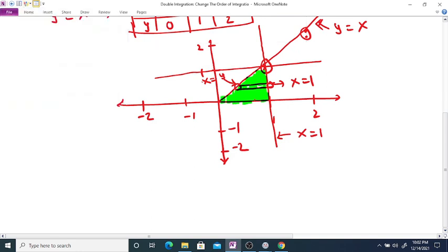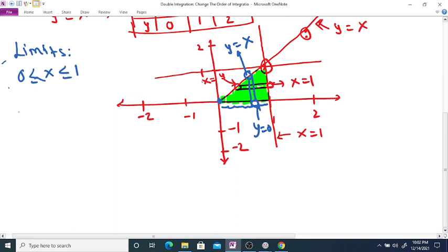If we consider a vertical strip, then it enters at y equal to 0 and leaves at y equal to x, and such a strip moves from x equal to 0 to x equal to 1. So the new limits are 0 less than or equal to x less than or equal to 1, and 0 less than or equal to y less than or equal to x.